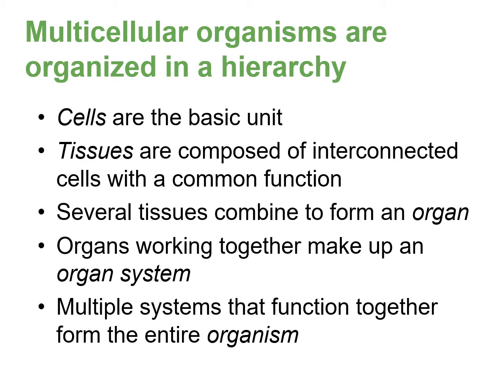Organisms are classified based upon the cell types, the cell numbers, and the cell constituents that make them up. So we as humans are considered multicellular organisms, as we have many different types of cells that have many different specialties. Again, cells are the basic unit of a living thing.